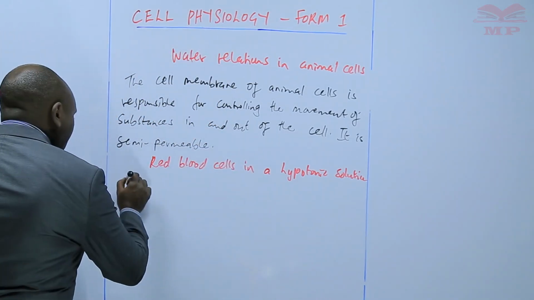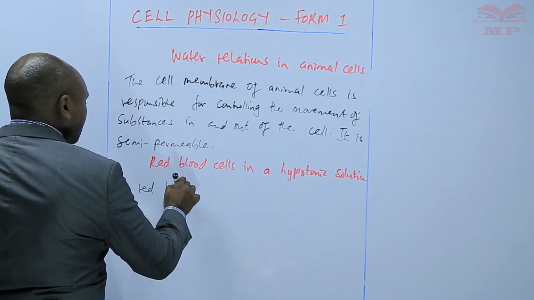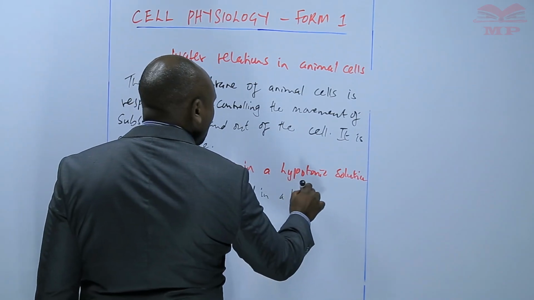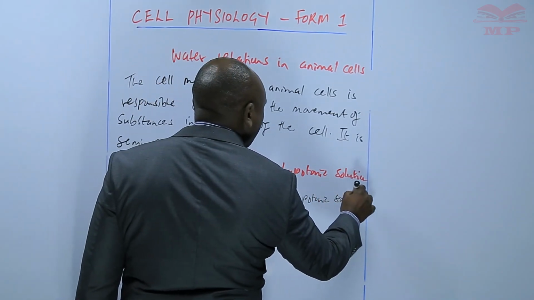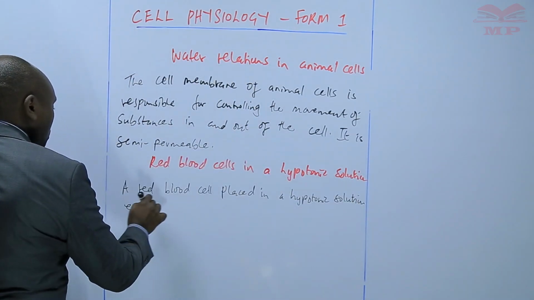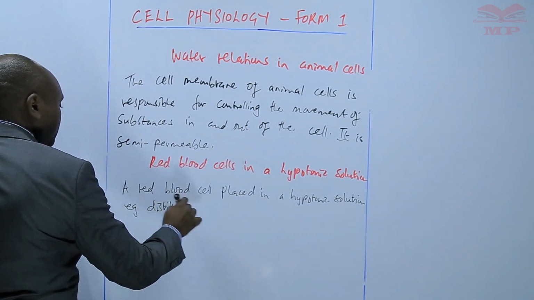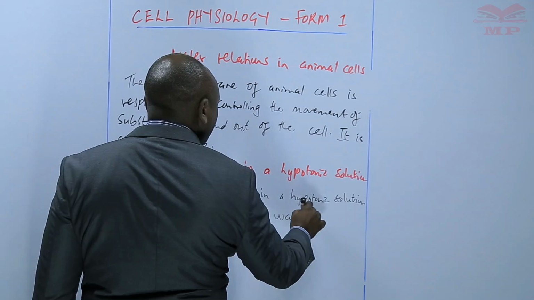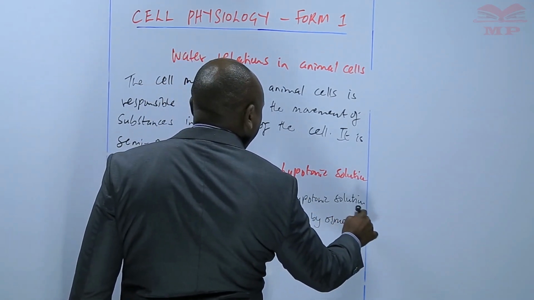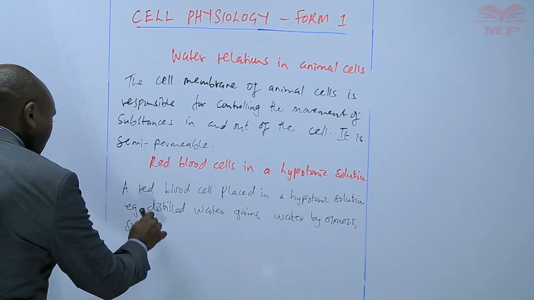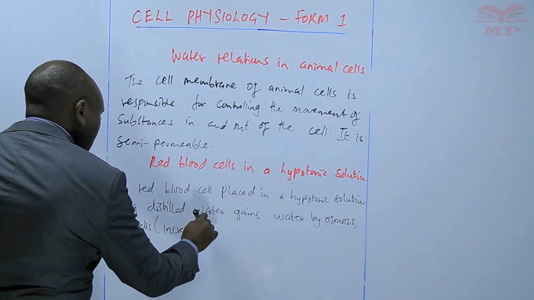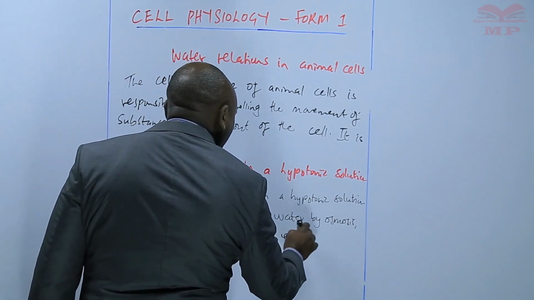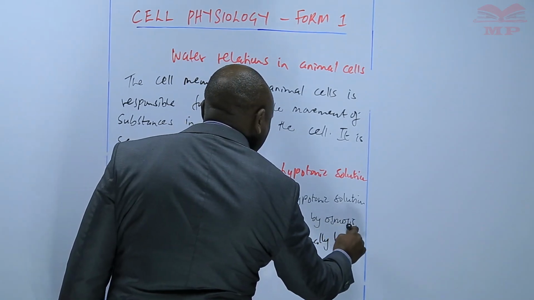So in this case, we are saying that a red blood cell placed in a hypotonic solution, e.g. distilled water, gains water by osmosis, swells or increases in size, and eventually bursts.